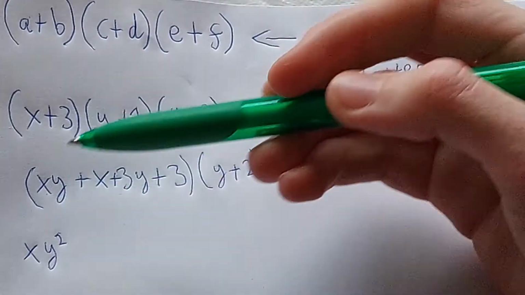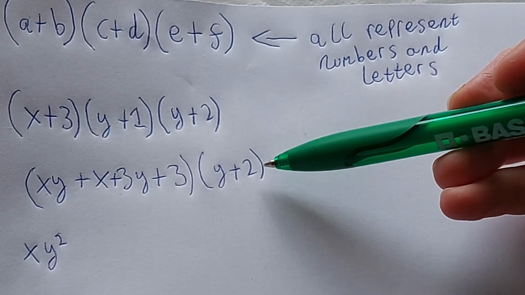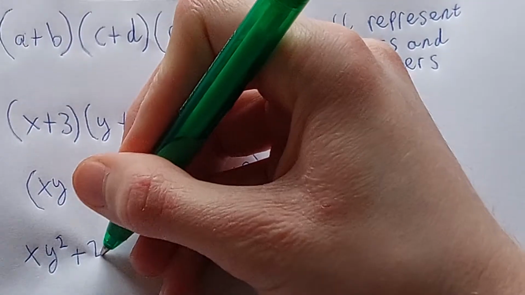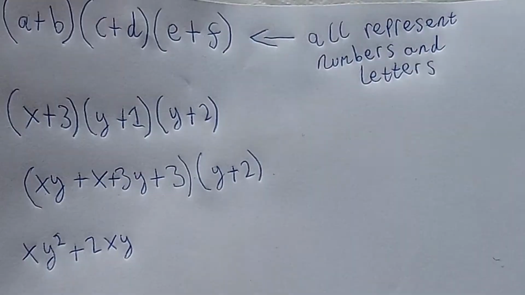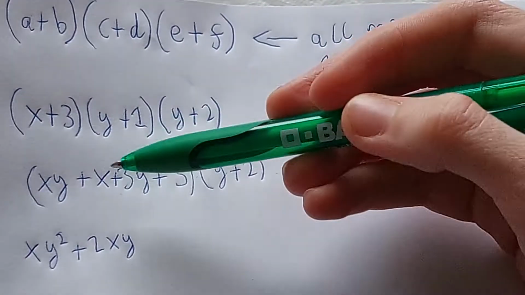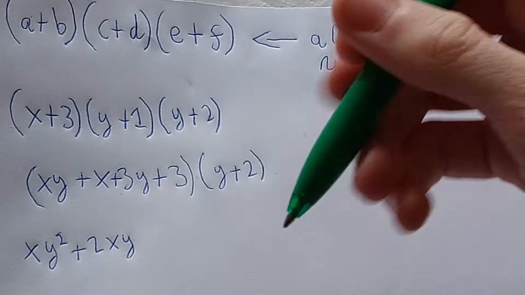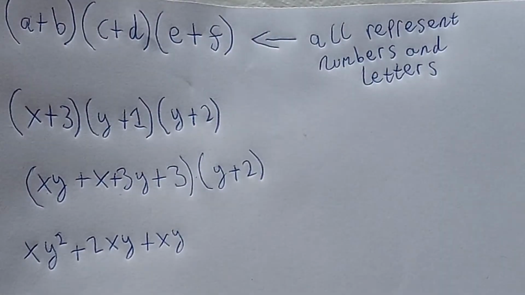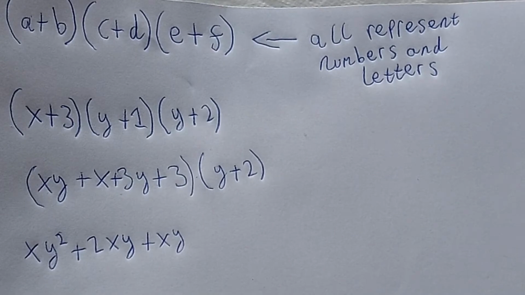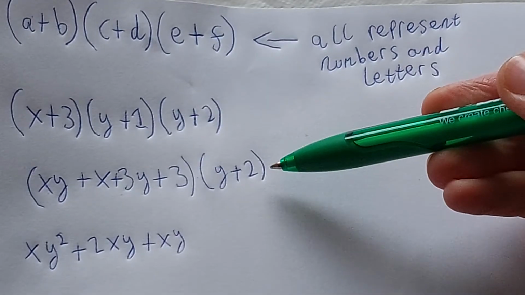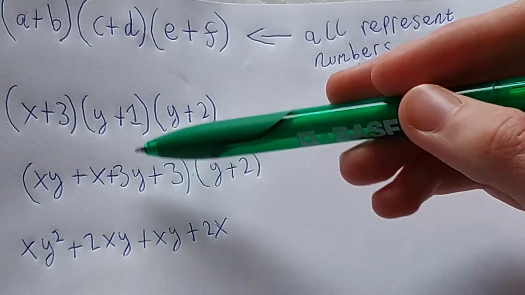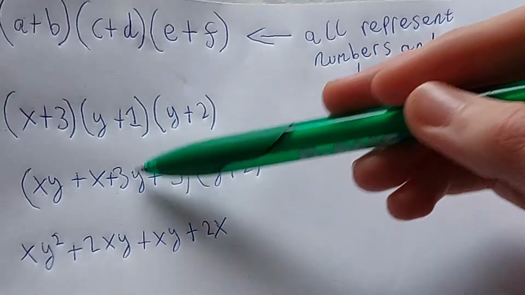And then we take the same character and we times it by 2, which would give you 2xy. And then we take the x and times it by the y, which would just get you xy. Put them together like that. And then we get the x and times it by 2 to give you 2x. Now we've used these two characters, let's move on to this one.